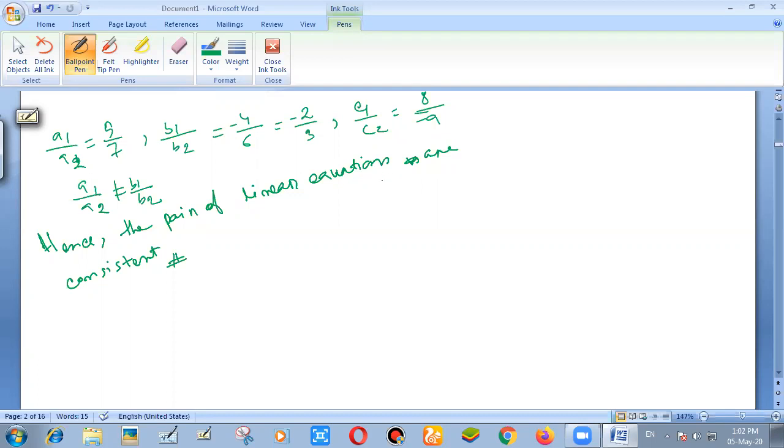In the question it is not asked about consistent. It is consistent, no doubt, but the question asks whether it is intersecting, parallel or coincident. So your answer will be: hence the pair of linear equations intersect each other, or intersect at a point. All of you clear? Yes. Good.